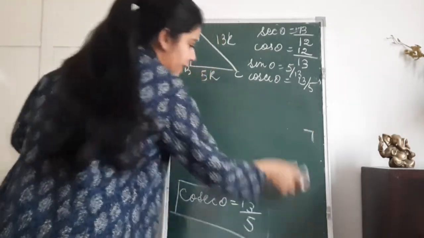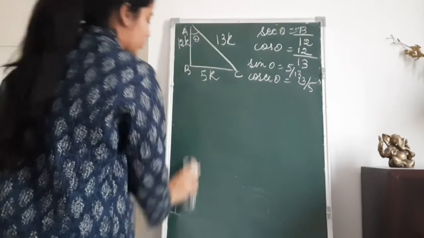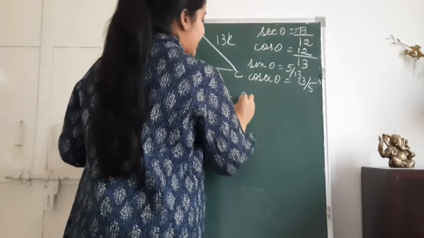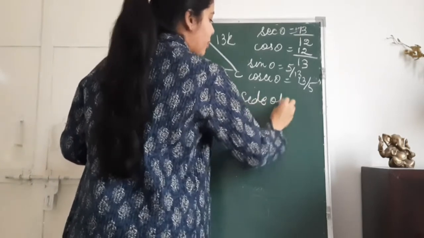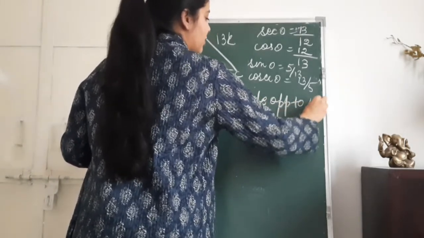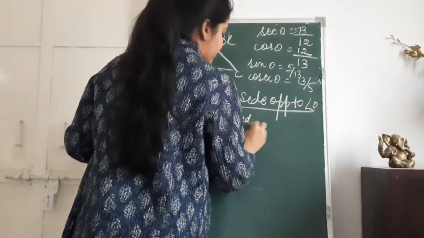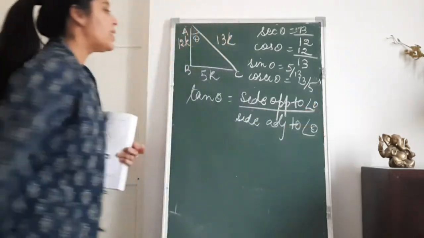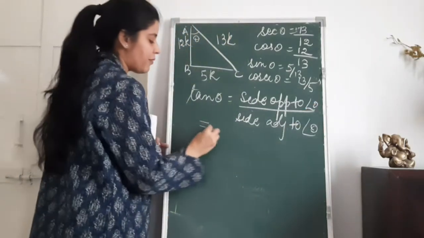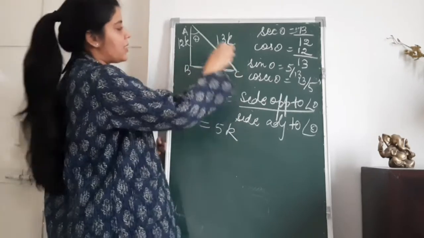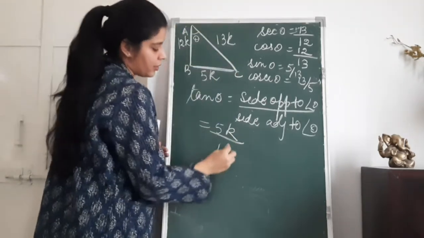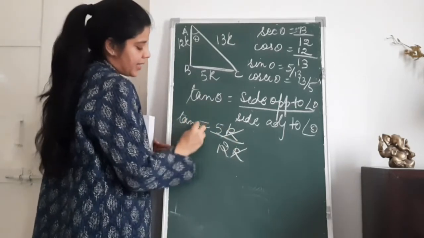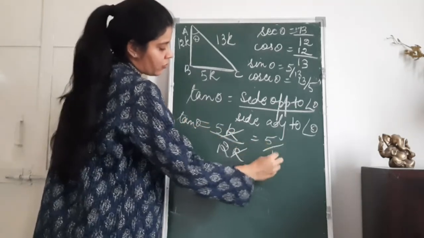Let's find out tan theta. Tan theta is side opposite to angle theta upon side adjacent to angle theta. The opposite side is 5k and the adjacent side is 12k. K cancels, tan theta is equal to 5 upon 12.